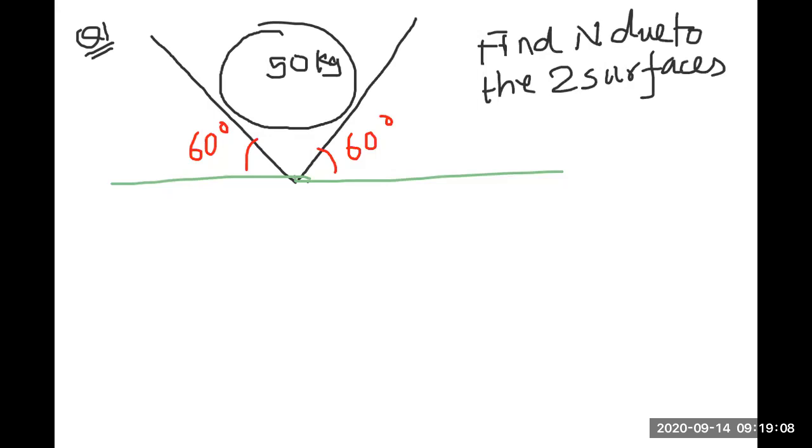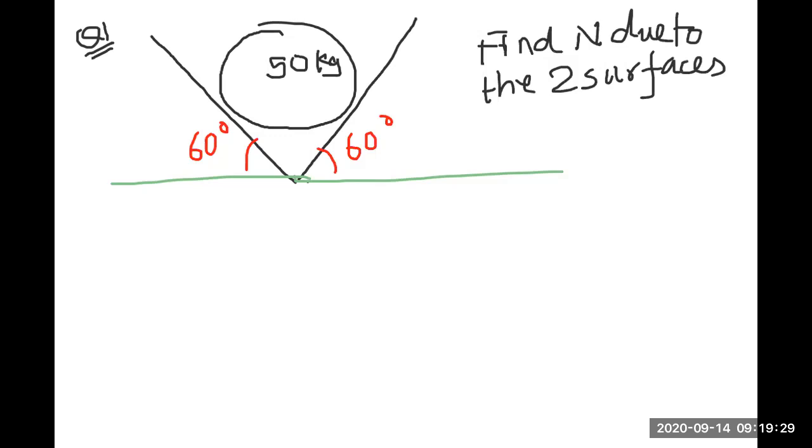That means the net force on the object is 0. Right? I hope everybody is understanding this. It is very important to understand that the net force on the object is 0. Right? This is something that is given in the problem.